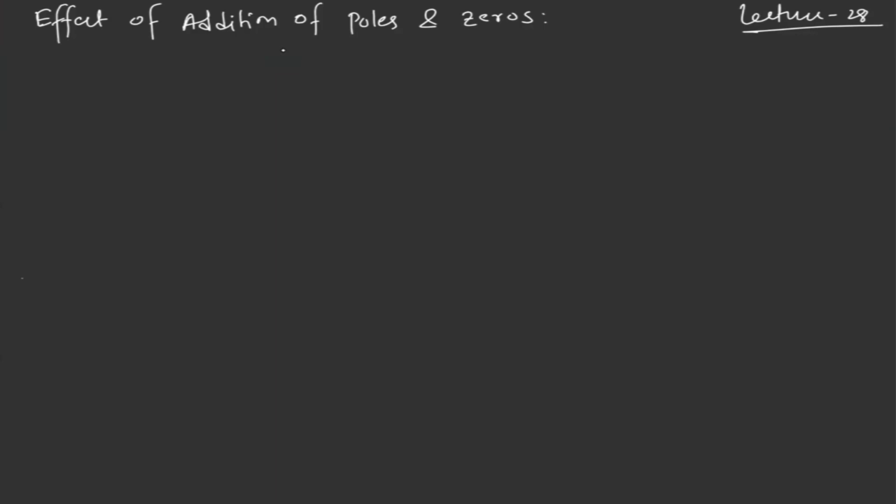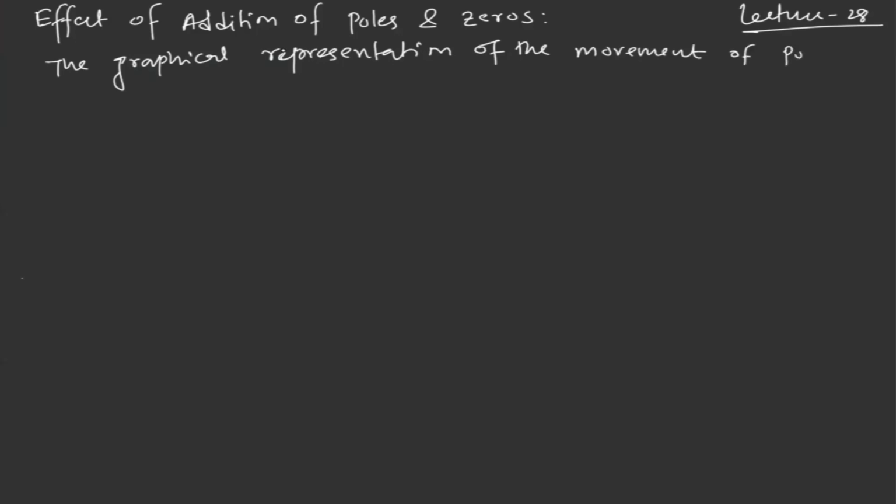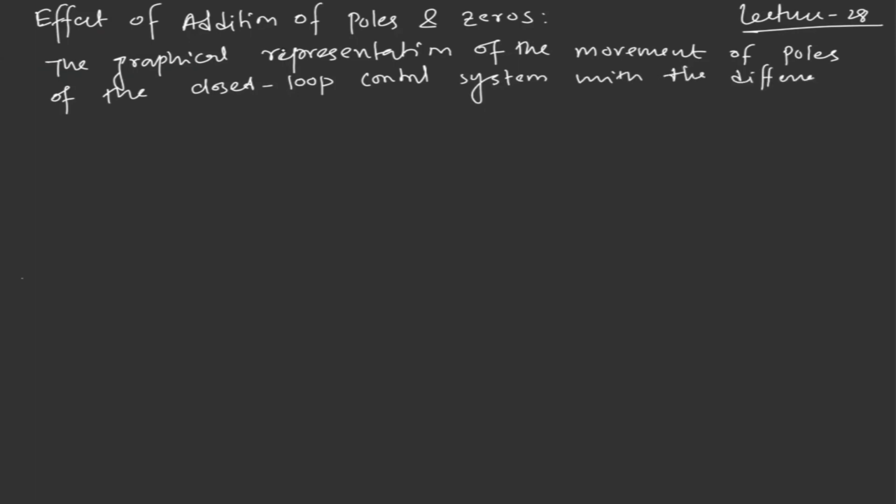So we have discussed the graphical representation of the movement of the poles of the closed loop control system with the different values of the system gain.